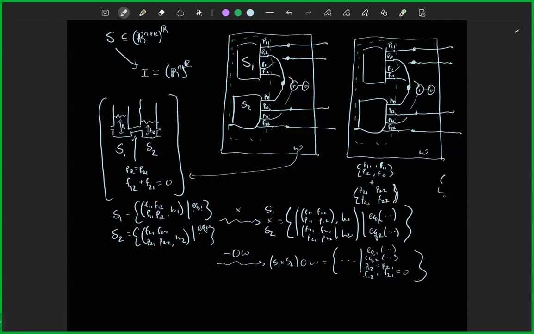And then out here we have our remaining variables, P11, F11, P22, F22. And in the middle, we have some junctions, so I'm going to name them J1, J2, J3, J4, J5, and J6.